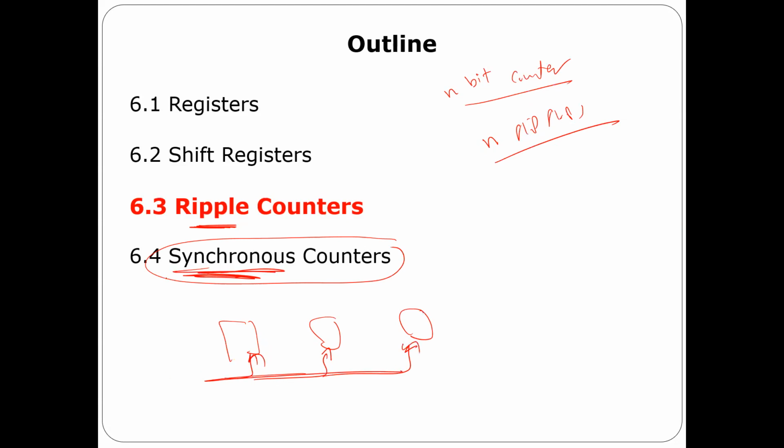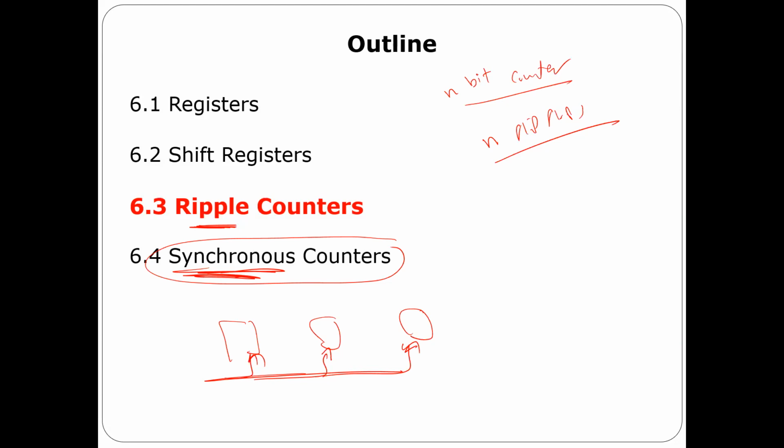That's why it's called synchronous here. Both of them are counters doing the same thing, but the design is different. I can design in two different ways. One way is to connect the same clock to all of them.